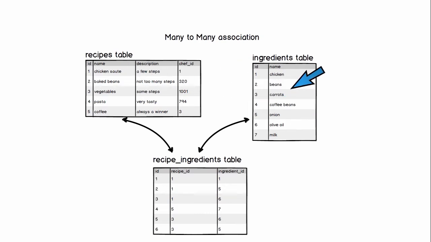And let's look at onion. Onion can be used by chicken saute. Onions can also be used by baked beans, vegetables, or many more other recipes. Now, how do you build this relationship efficiently without having, let's say, you specify 20 ingredients per recipe or 30 ingredients per recipe?